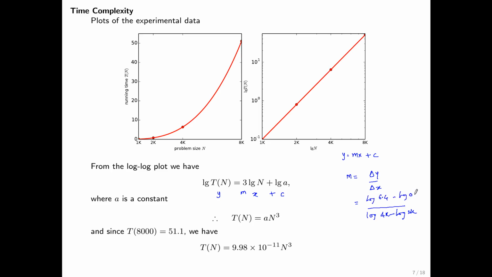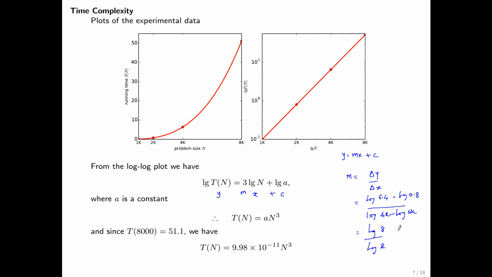So you can check this from the previous slide. So we have that as rise over run, which can be simplified using log identities as log of 6.4 divided by 0.8, which is 8, and log of 4k minus log of 2k is simply log of 2k. So I'm just going to write it as log of 2.